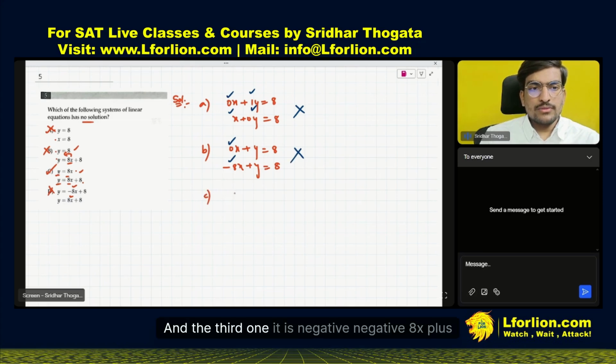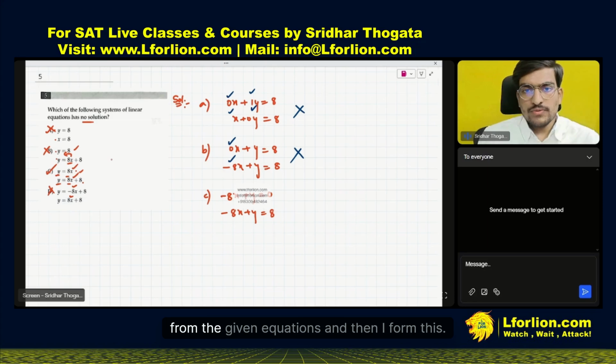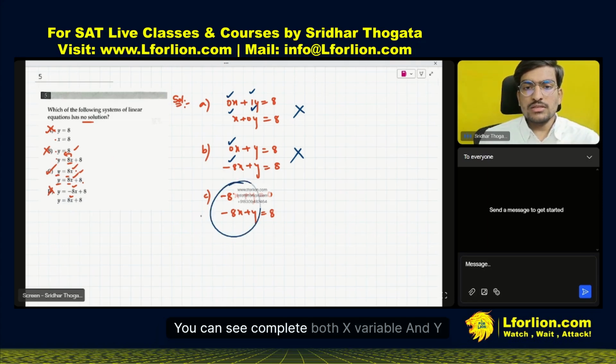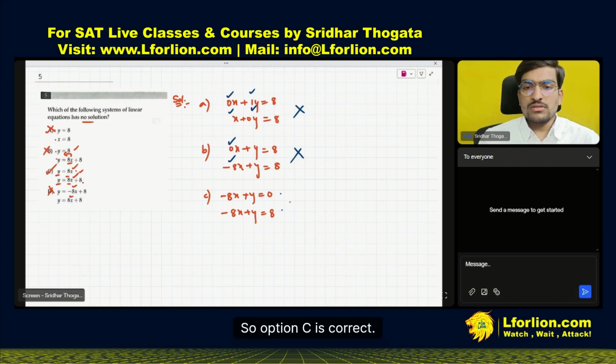And the third one is negative 8x plus y equals 0, and negative 8x plus y equals positive 8. I just transposed positive 8x to the LHS from the given equations, and then I formed this. You can see both the x and y variable coefficients are the same and the constants are different. It's exactly matching the no solution condition. So option C is correct.